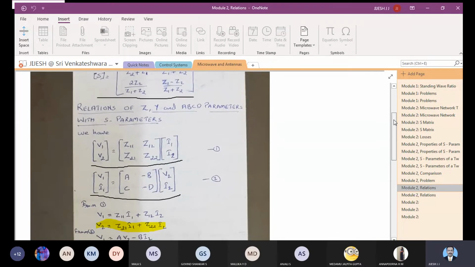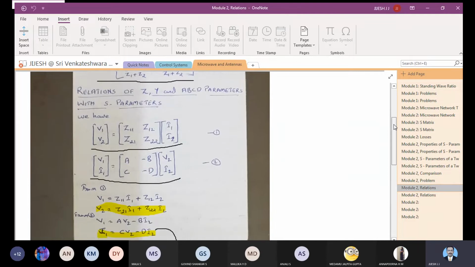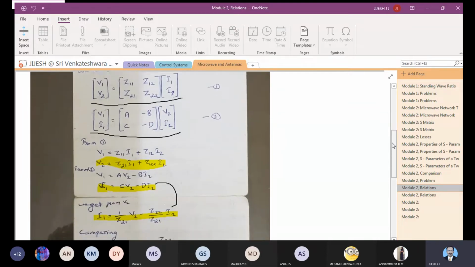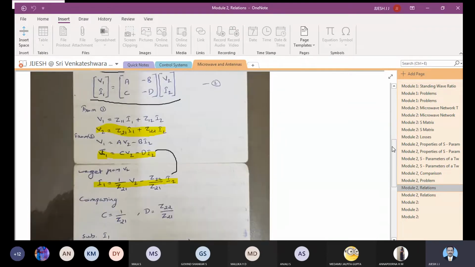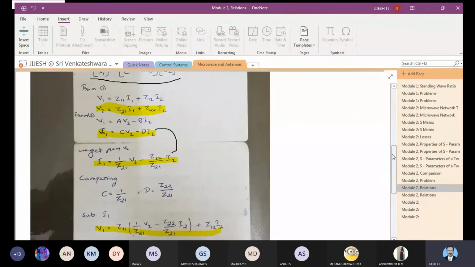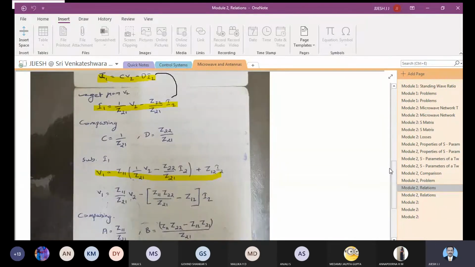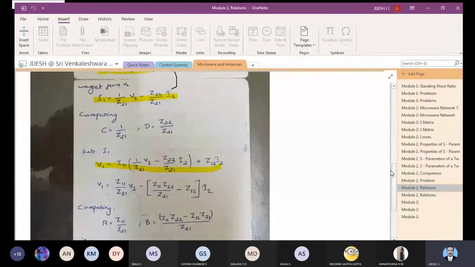We have written what A is equivalent to in terms of Z, and from these equations we got C equal to 1 by Z21 and D equal to Z22 divided by Z21. Further, A is Z11 divided by Z21 and B is equal to Z11 Z22 minus Z12 Z21 divided by Z21. All of you might have completed till here. All of you have completed?